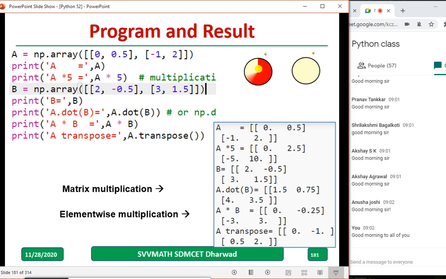And all of you know what a transpose means? You have studied ITC, the linear block code, where you used to write H transpose. Copy down the program, no need to copy down the result, because when you execute, the result will be available to you. Just go through the result, copy down only the program.